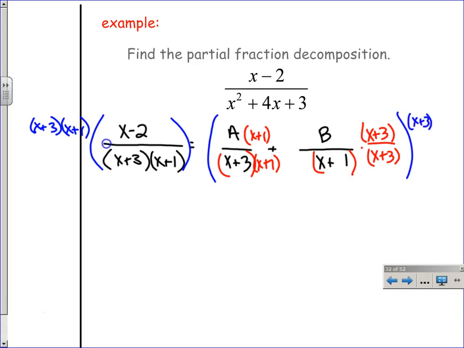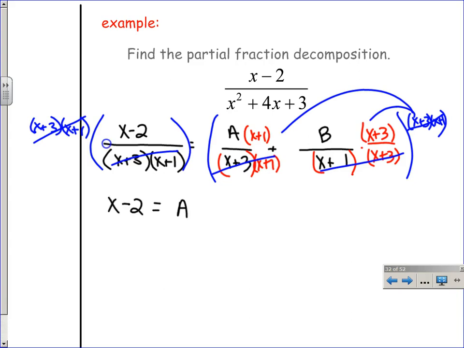So when you now go to multiply, maybe you can see, for some of you, it's just a little bit easier to see. When you distribute, everybody's denominator goes away. But whichever way you do it, you should end up with just the x minus 2 equaling A times x plus 1 plus B times x plus 3. However you do it.